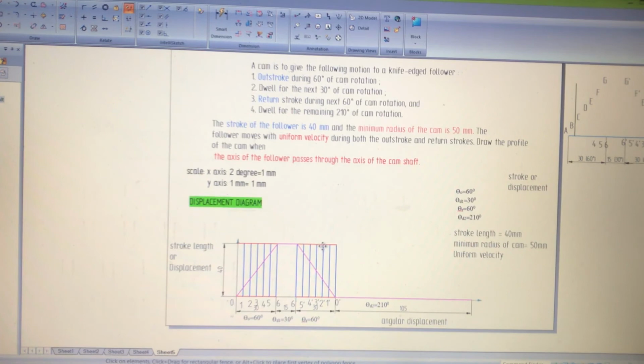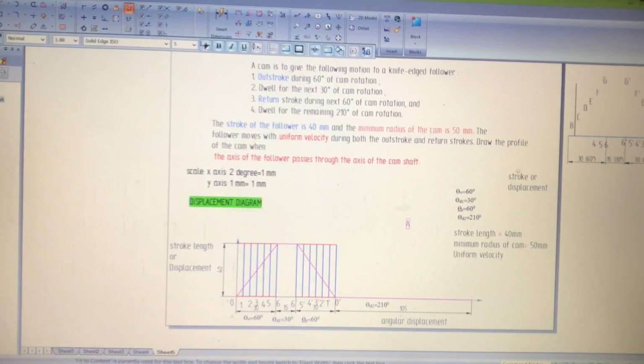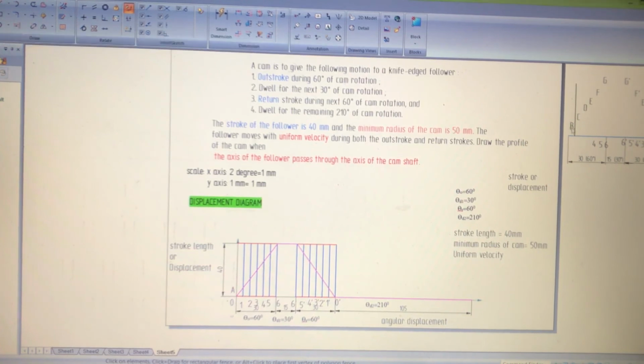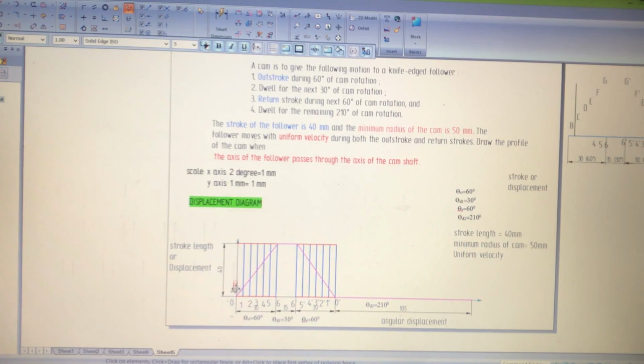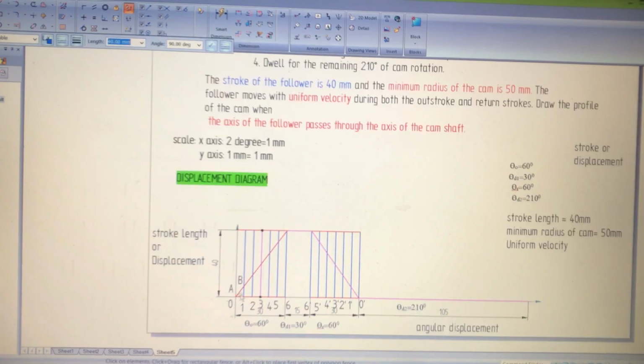Like this. This is A, 0 itself is A. Next, 1 is B, these intersection points.